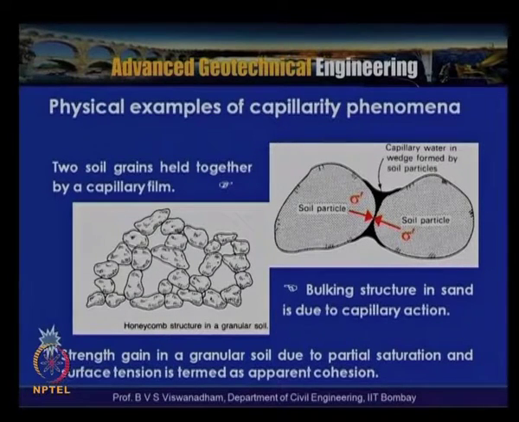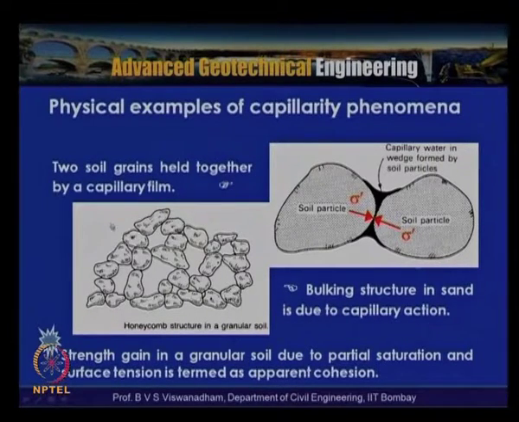Here the enlarged soil particle is shown, with capillary water in the wedge formed by soil particles. So the bulking structure in sand is due to capillary reaction.